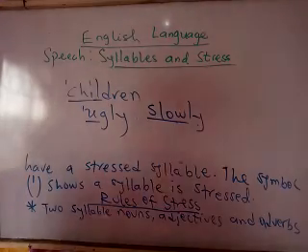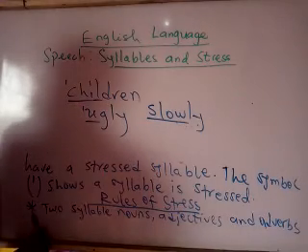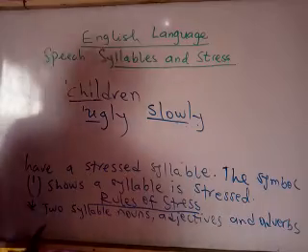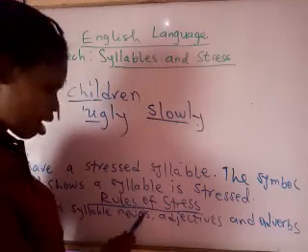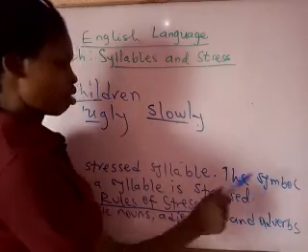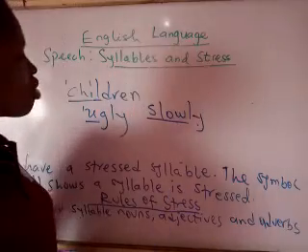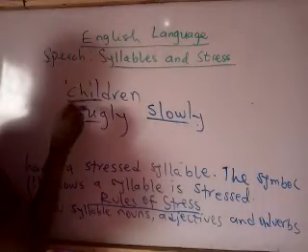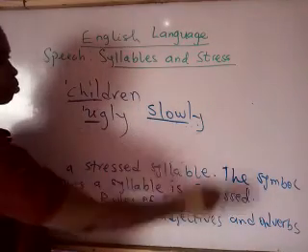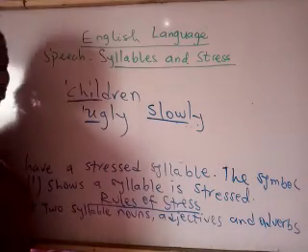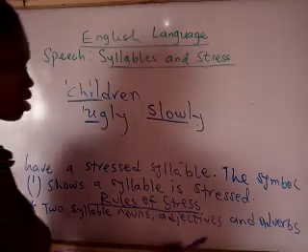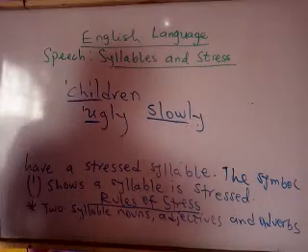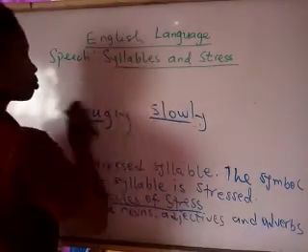Now what we are saying is that the rule says that when you have two syllables in a noun or an adjective or an adverb, you should stress the first syllable. Can you think of other words that contain two syllables which are nouns or adjectives or adverbs? I'm sure you can. Please do.